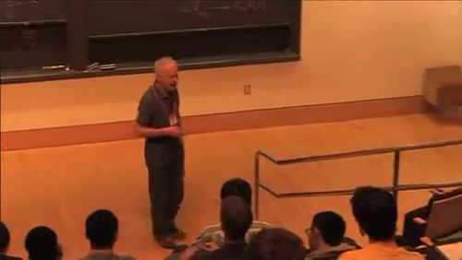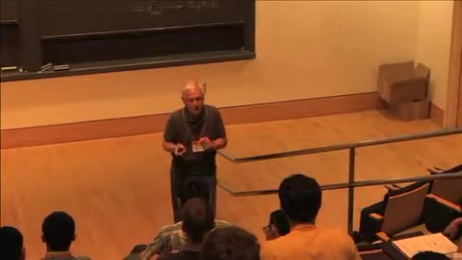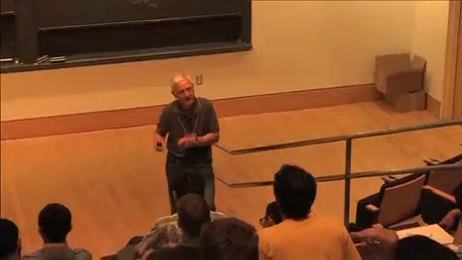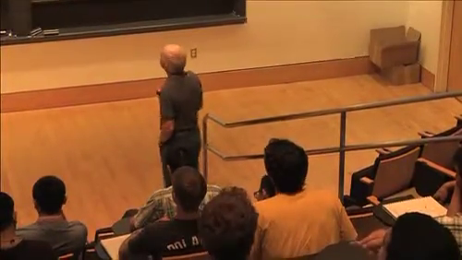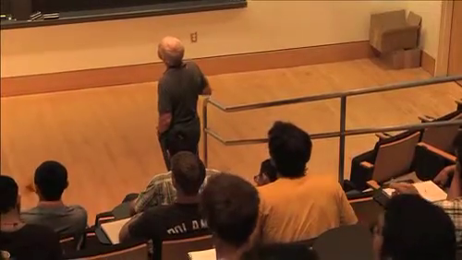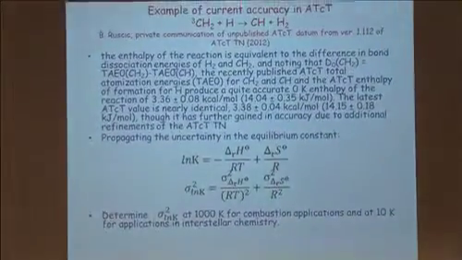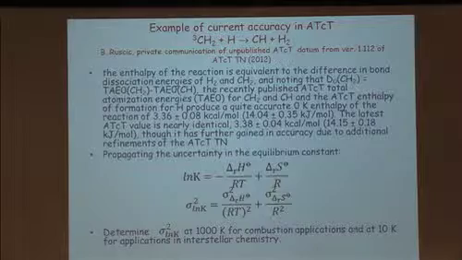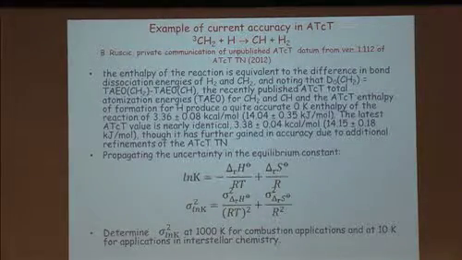There were some reactions where it would have been helpful to be able to use thermodynamic calculations. And so this is triplet CH2, the triplet state of CH2 reacting with H, forming CH plus H2. And interestingly, these reactions are quite important in interstellar media.